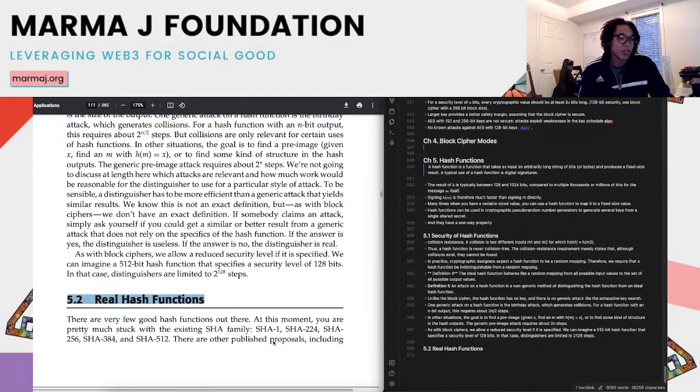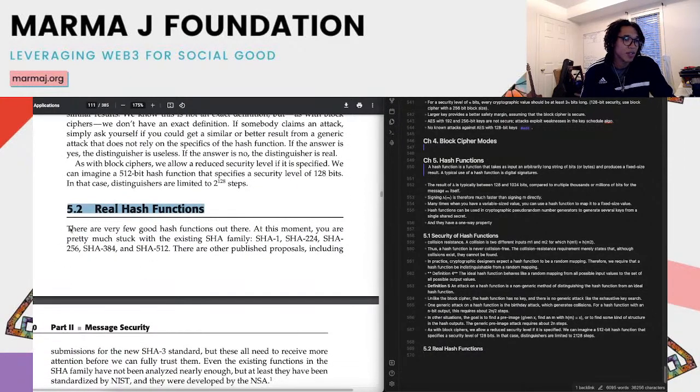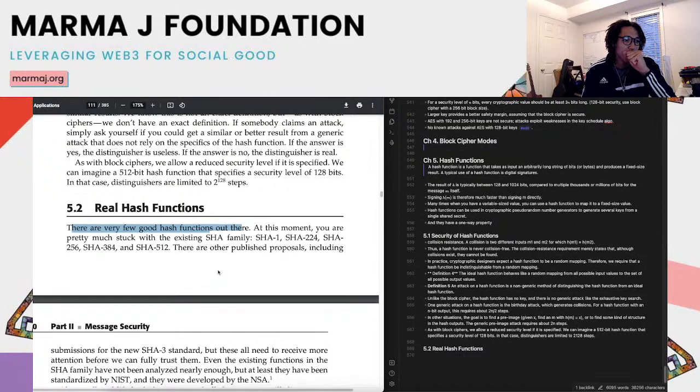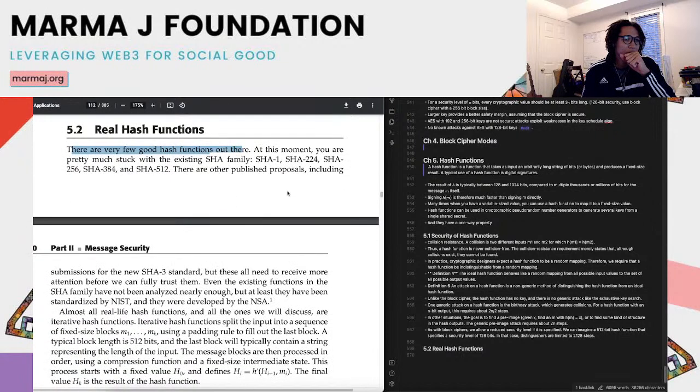Real hash functions, okay. There are very good hash functions out there at this moment. You are pretty much stuck with the existing SHA family. And again, this was written 10 years ago, so I think SHA-3 is what most people use now. There are other published proposals, including the new SHA-3 standard.